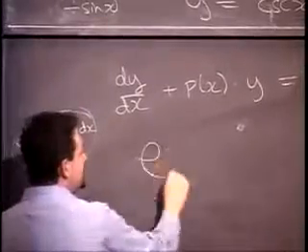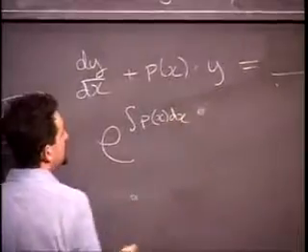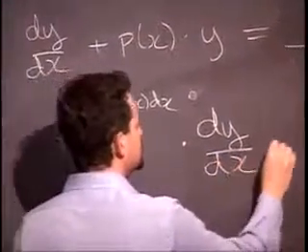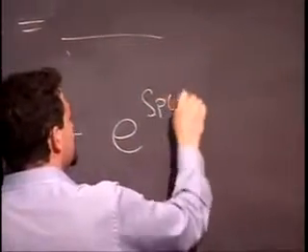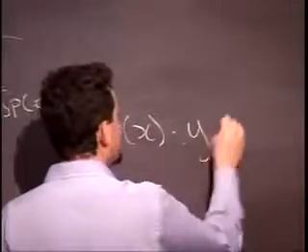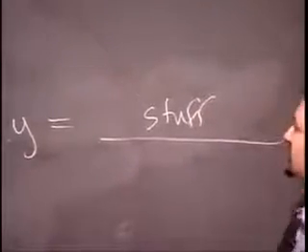You get e to the integral of p of x dx times dy/dx, that's one term, plus e to the integral of p of x dx times p of x times y equals different stuff, which we have to deal with later.